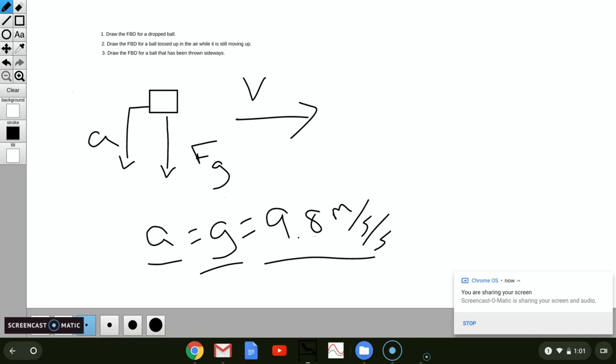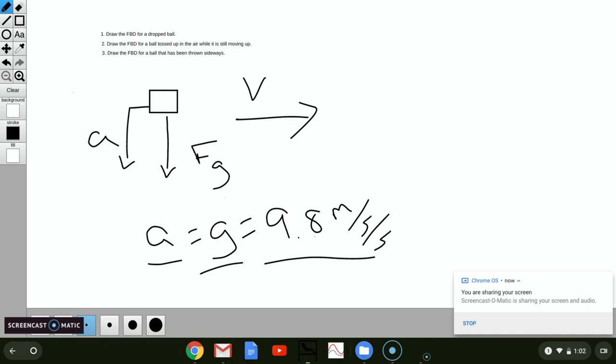So think about this for a second and what that means for objects that have been launched with an initial velocity. So instead of just dropping a ball or tossing a ball straight up, now it's given some sort of horizontal velocity. What is the acceleration of that ball in the y direction, or the vertical direction, and the x direction, or the horizontal direction?